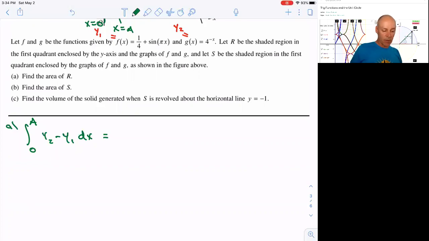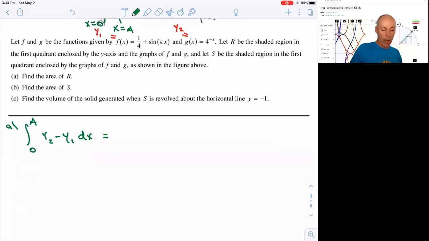So I'm going to go to my home screen, out of my graph. I want to go to math, option 9, my definite integral template. The lower bound is 0, upper bound is alpha a, and then I want y2. The shortcut to get to y2, y1, etc. is alpha trace.